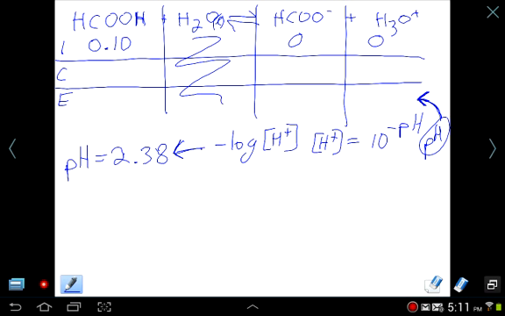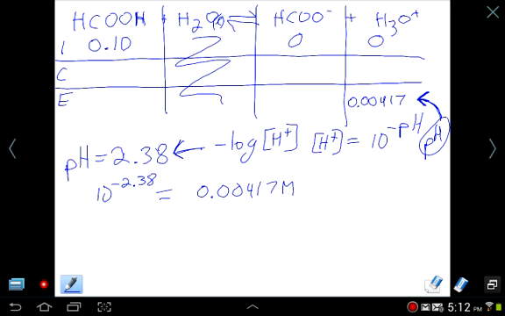So if you do in your calculator 10 raised to the power of negative 2.38, you should get, let's write this out, 10 to the negative 2.38 should give us 0.00417 molar, and that's the H+ concentration at equilibrium. So we can go ahead and put that in here, 0.00417. So we have an equilibrium concentration, we have an initial concentration.